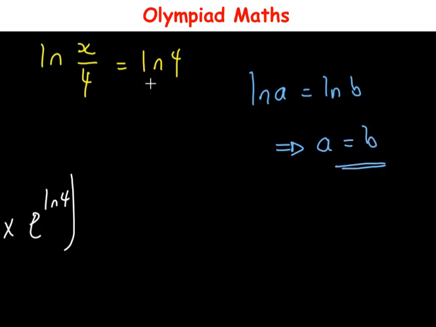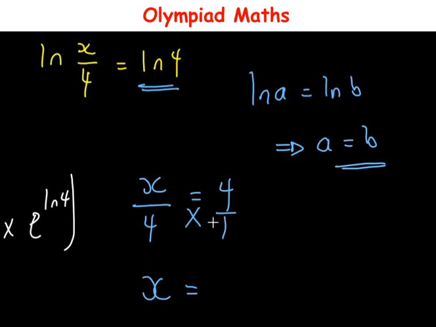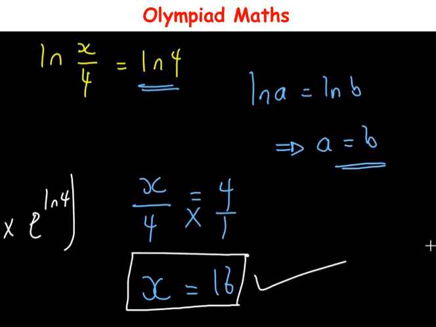So applying this right here, what we have is x over 4 is then equal to 4. And from here, simply cross multiply. x times 1, x equals 4 times 4 is 16. So with this, we have gotten the solution for the value of x equals 16.